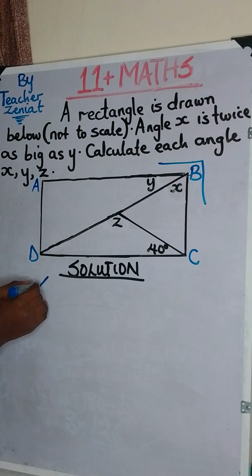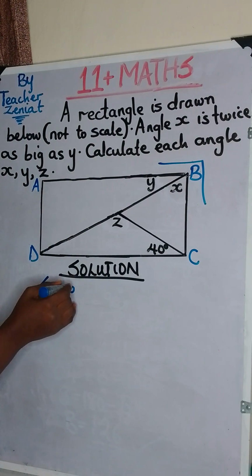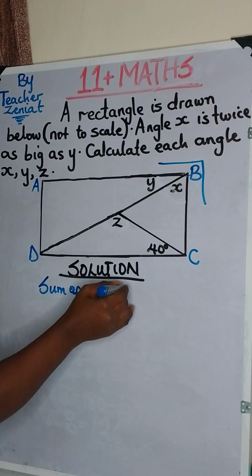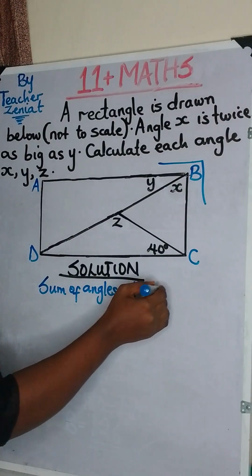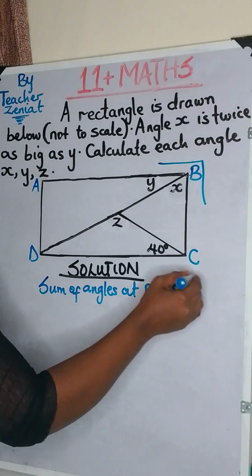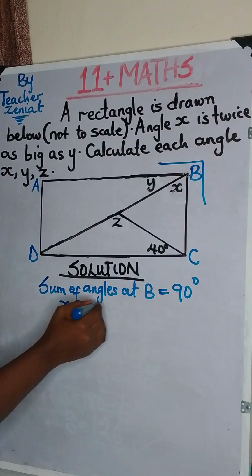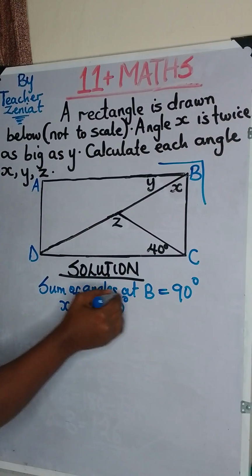So it's equal to 90 degrees. So that we have X plus Y is equal to 90 degrees.